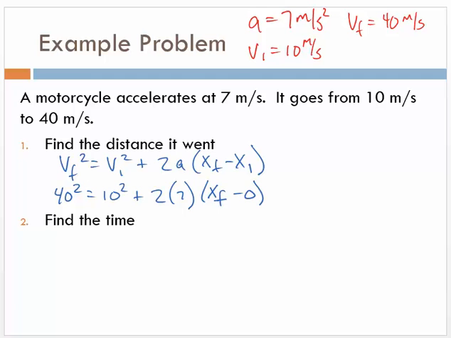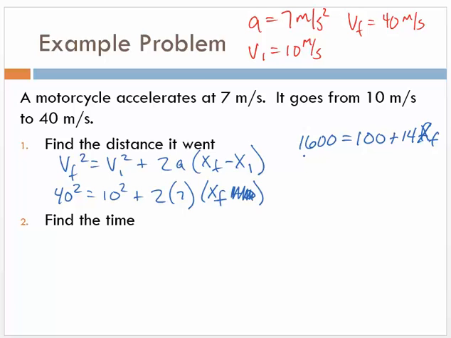What I've done here is written the equation and put the numbers in. 40 was our final velocity, 10 was our initial velocity, 7 was the acceleration. I want to find the distance it's gone, and we can pretend that it starts at 0, which is nice because subtracting 0 doesn't change the equation, so I can just get rid of that. Let's plug some numbers in.